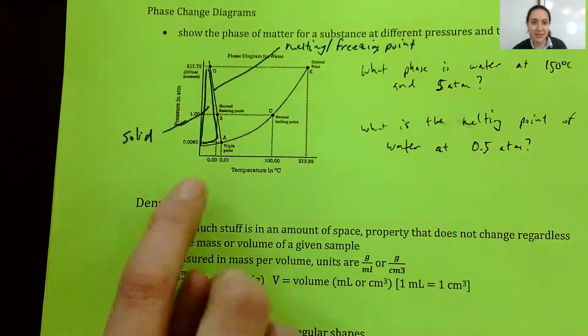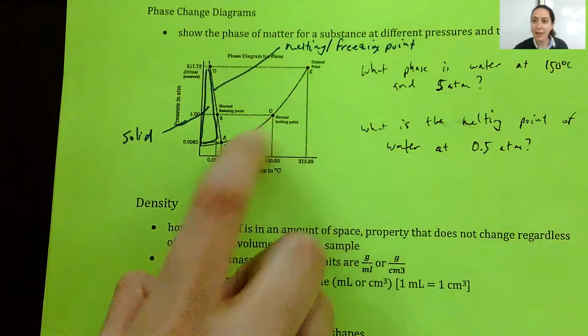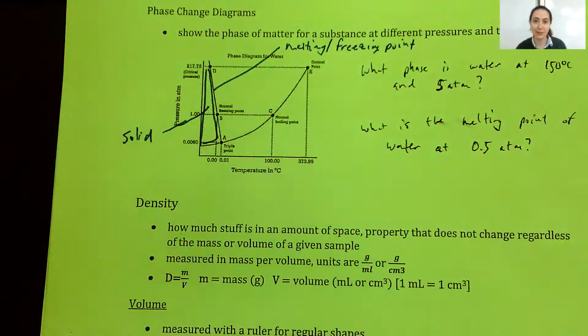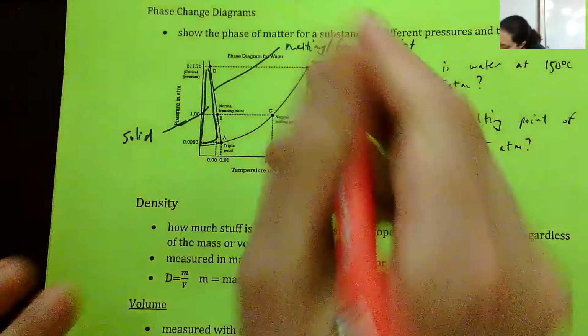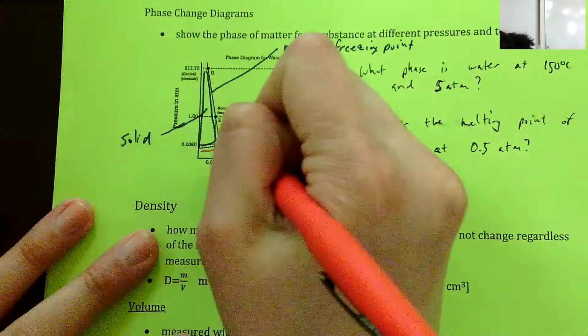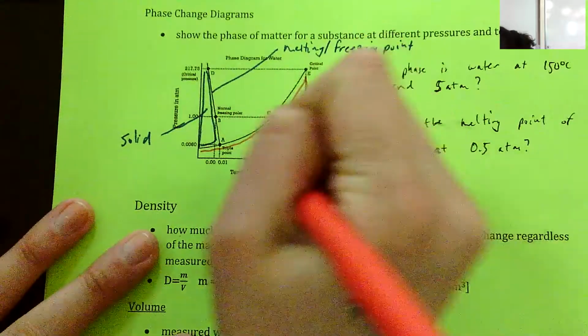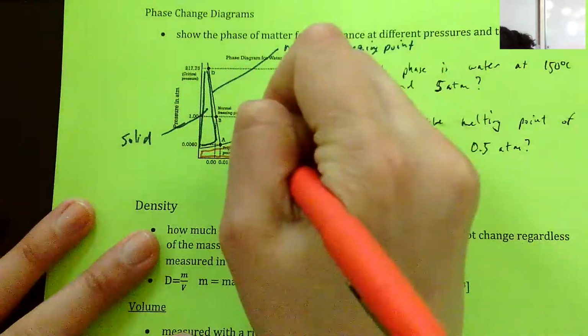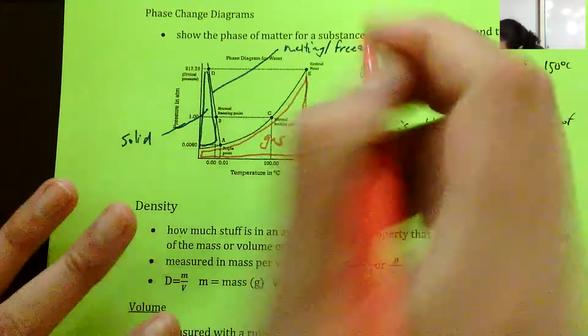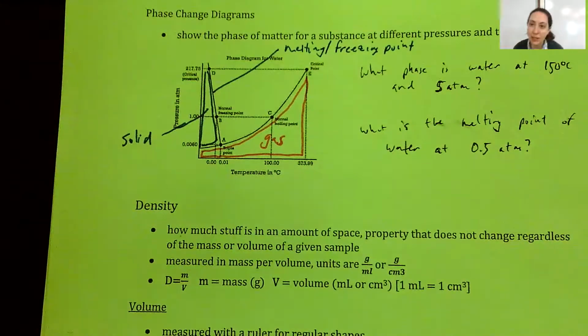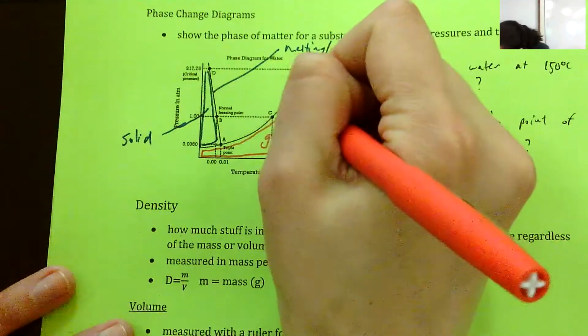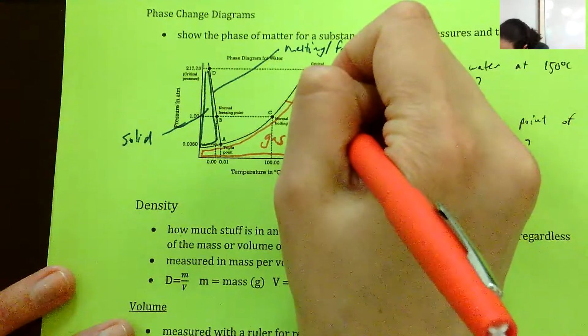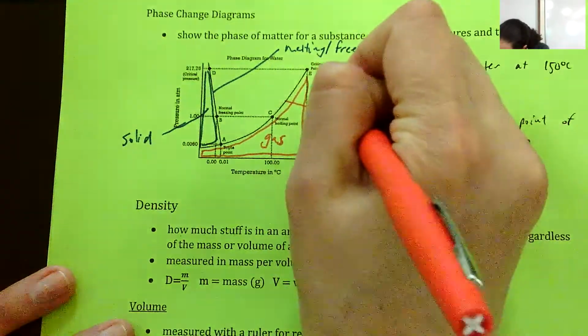This section kind of makes sense. At low pressures or high temperatures, you're much more likely to have a gas. So this area under this whole curve, that whole area represents gases. And this line represents the boiling point.